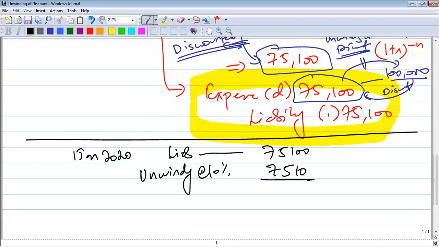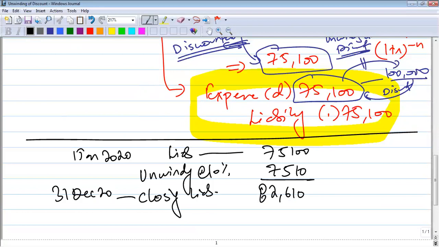The next step is that you need to sum up these two, which is 75,100 plus 7510. So this is going to give you 82,610.